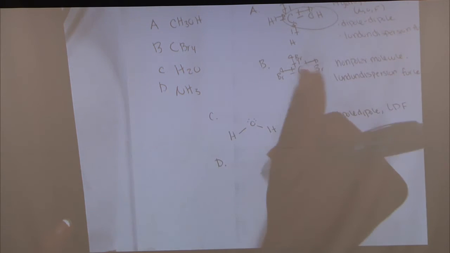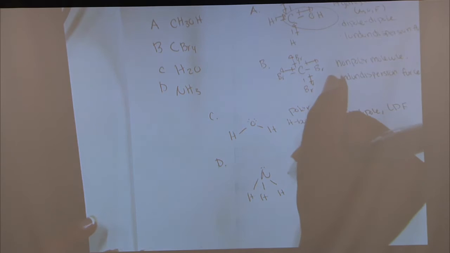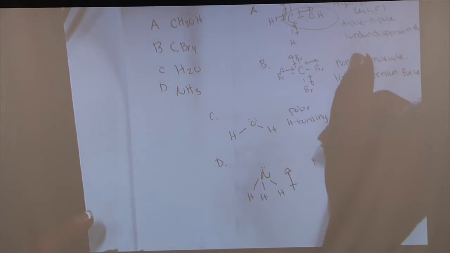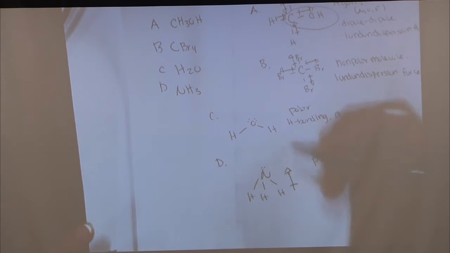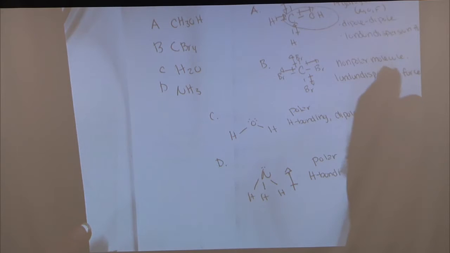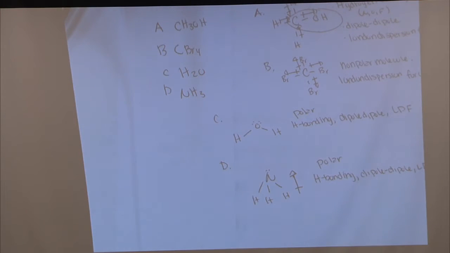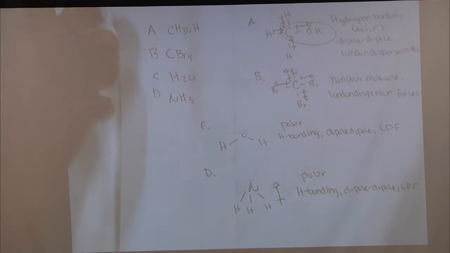And then also NH3 looks like this. And it has a dipole going up. So this is polar. And it's a nitrogen directly bonded to a hydrogen. So this also has hydrogen bonding, dipole-dipole, and LDF. So answer choice B was the only one that only had London dispersion forces.